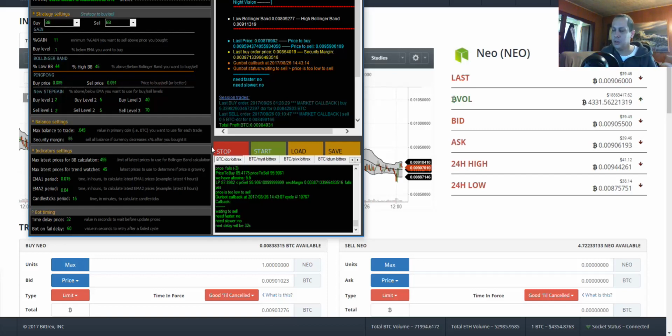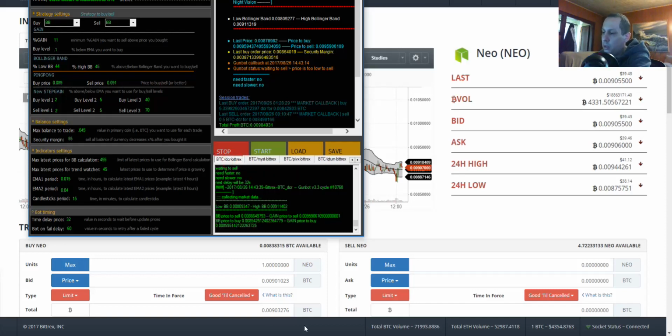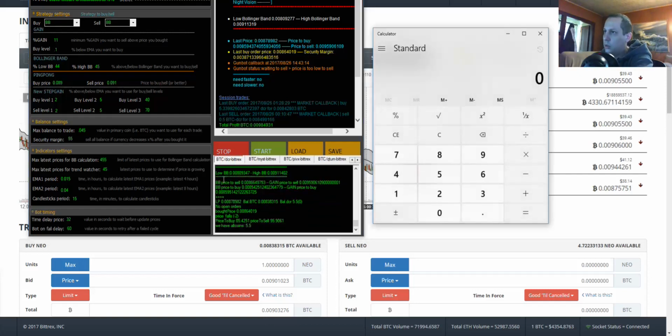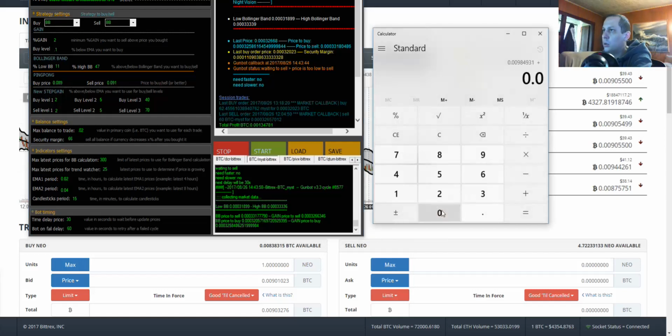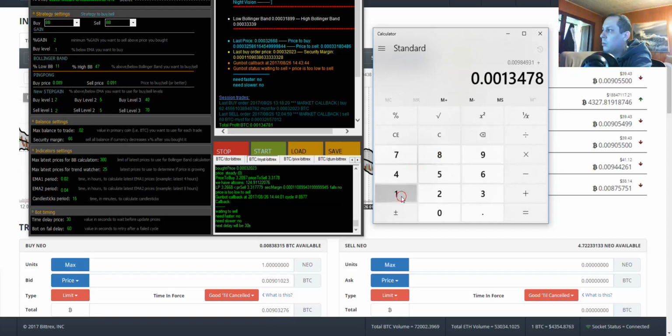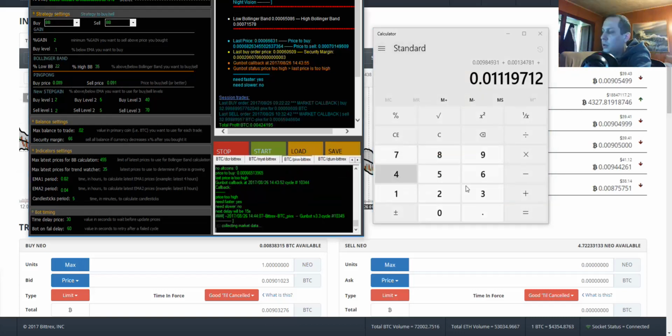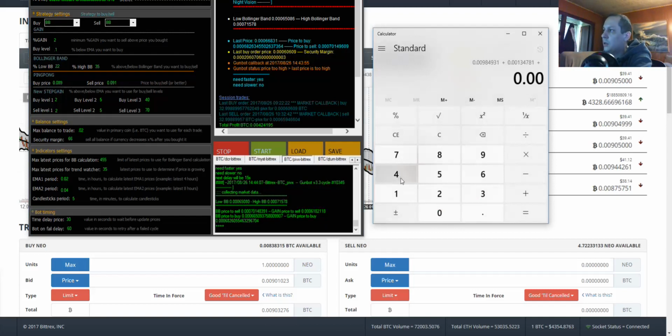Okay, so we're gonna go ahead and add up how I've done now. Decred, 0.0098493 Satoshi, plus Mysterium, 0.00134781, plus Pivx, which is a fork of Dash, 424195.